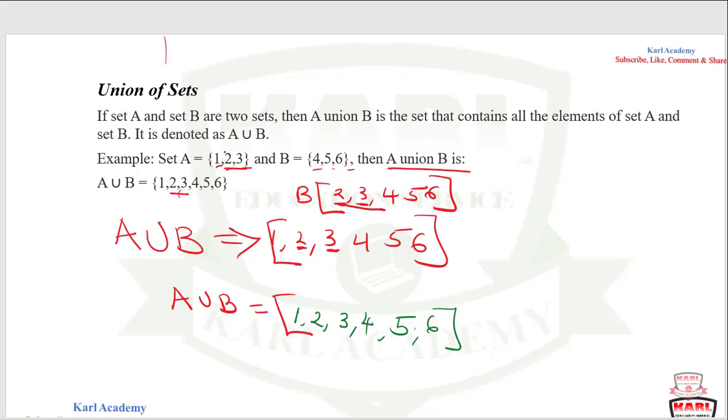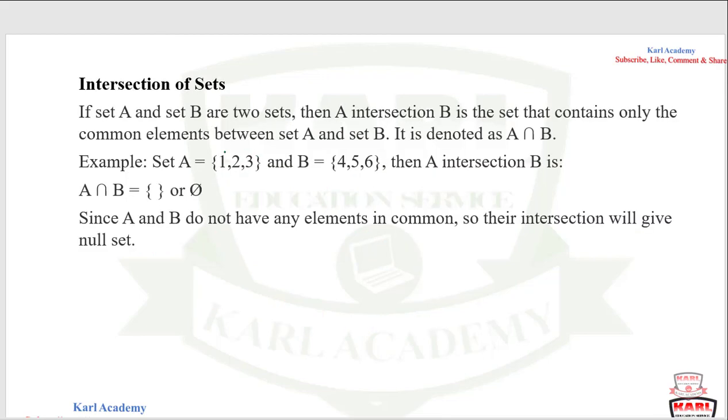So next, let's look at another operation, that is the intersection operation. In the intersection operation, we are doing an operation between two sets and coming up with the elements that are common between the two.